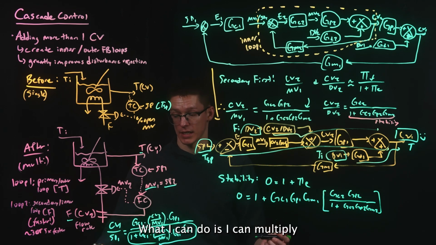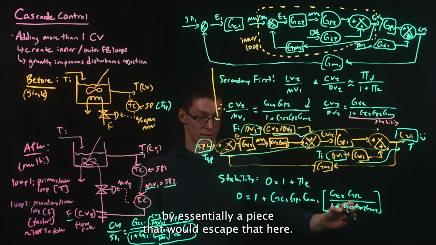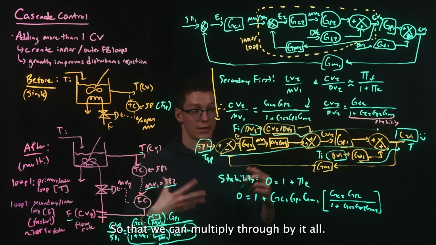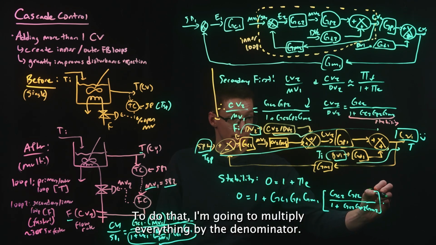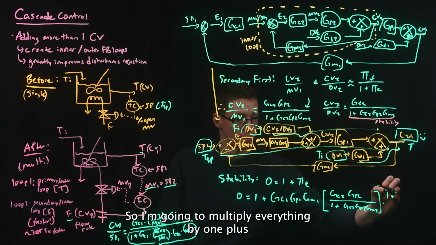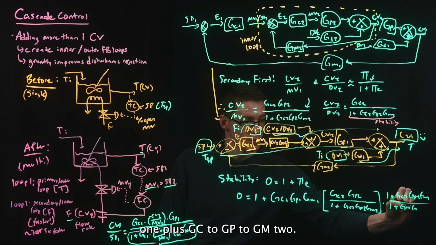What I can do is multiply everything by essentially a piece that would escape that here so that we can multiply through by it all. To do that, I'm going to multiply everything by the denominator. So I'm going to multiply everything by 1 plus GC2, GP2, GM2 over 1 plus GC2, GP2, GM2.